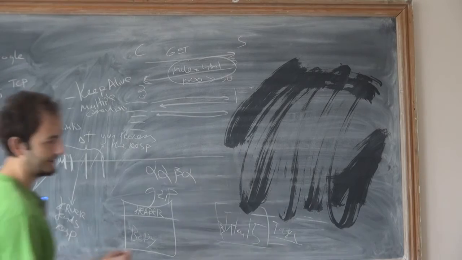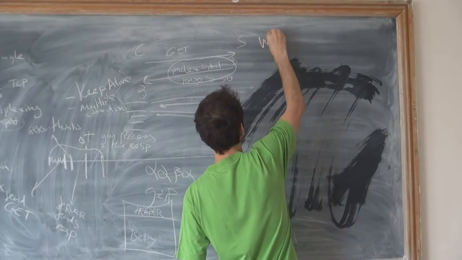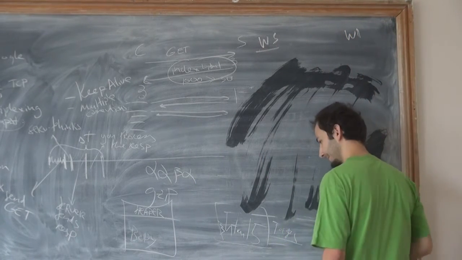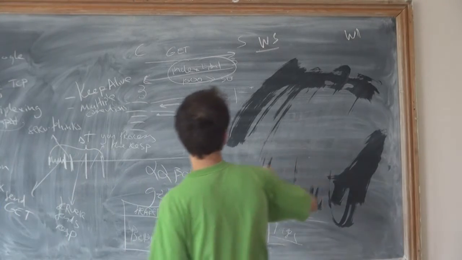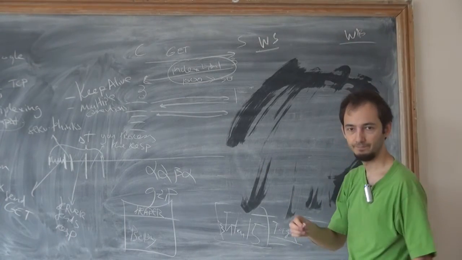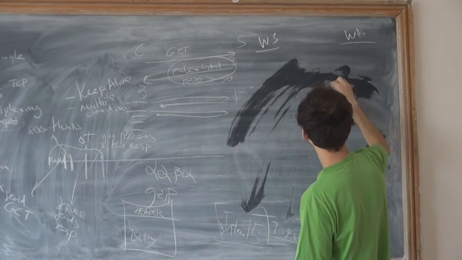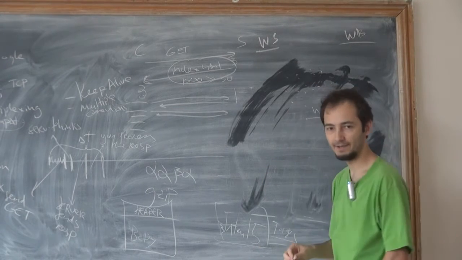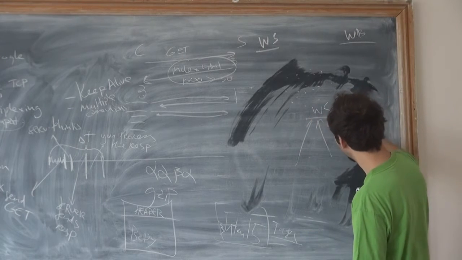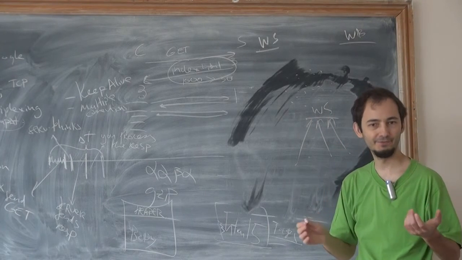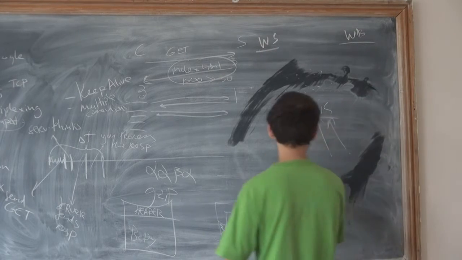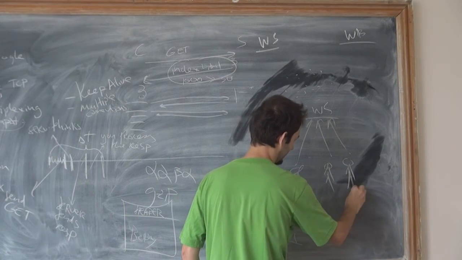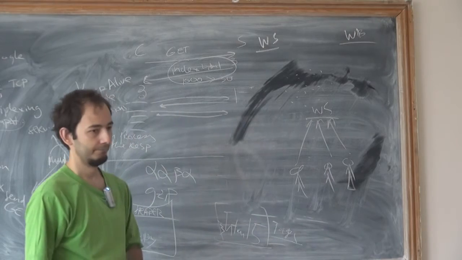In the case of HTML5, you have the web server, the web browser, and millions of different websites created by thousands of web developers and programmers. So let me draw some people here.